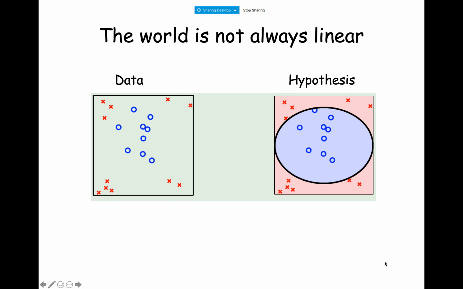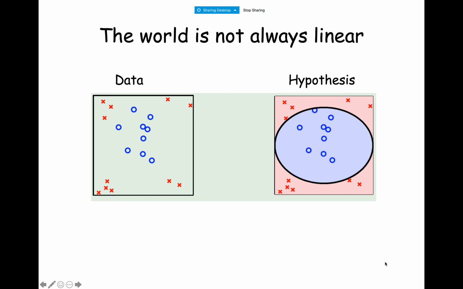A straight line is interesting because, as you found with the first homework, the lab, it's very easy to update. W gets W plus YI XI, right? That's very simple, and you only run it for some fixed number of iterations. And we just saw with regression that you can bootstrap it appropriately, so you don't need that many iterations because you know a better way to initialize this W using pseudo-inverse.